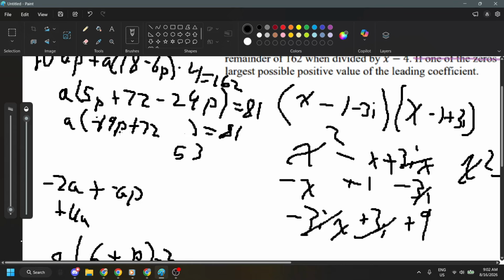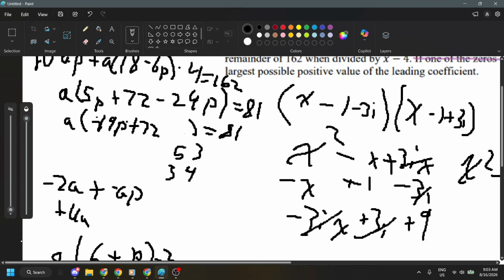This times 2 is going to give us 38. 72 minus 38 is 42 minus 8, which is 34.